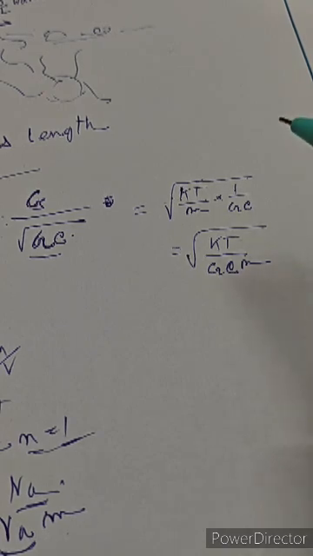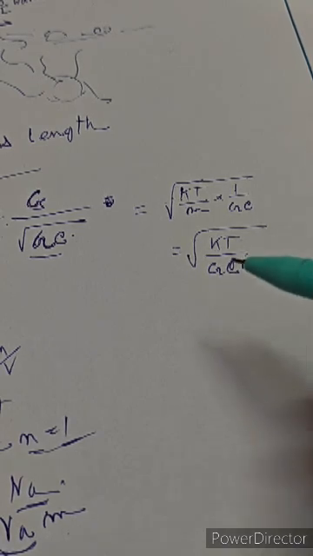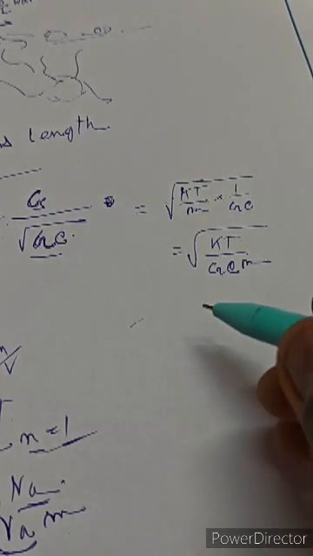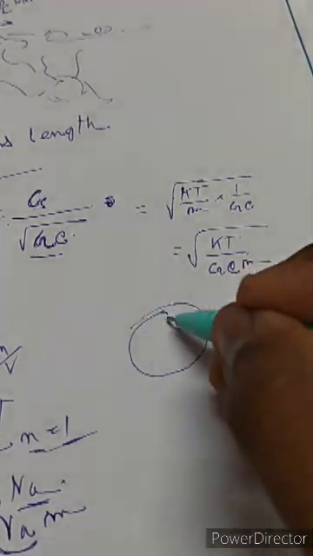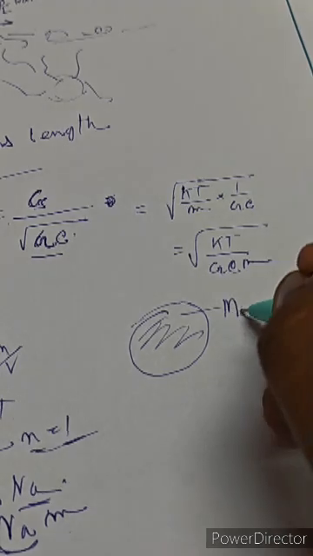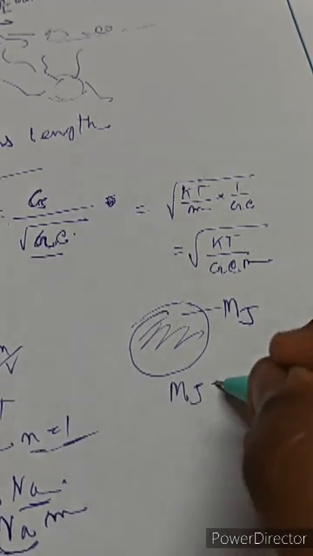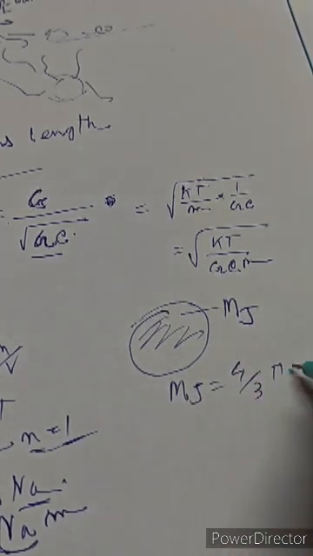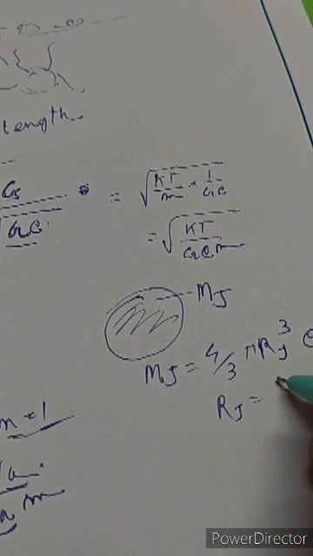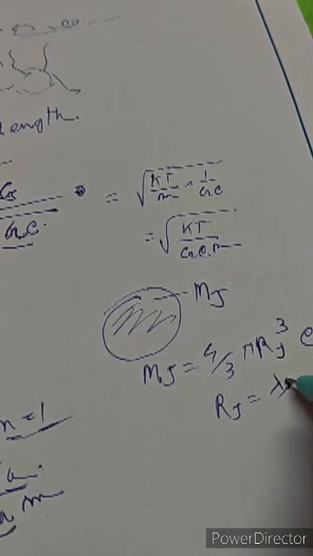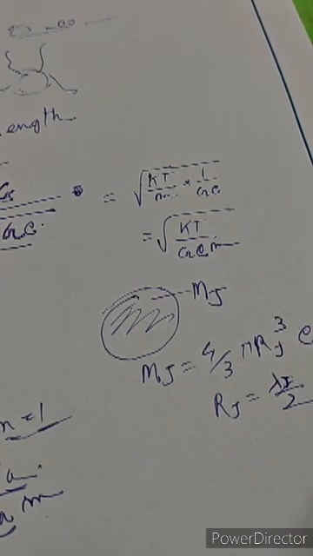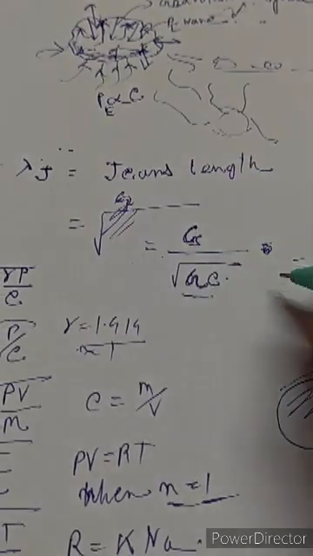Now a cloud whose mass is Mj is nearly 4 by 3 pi Rj cube into rho, where Rj is equal to half of the Jeans length. Here the Jeans length depends on what?